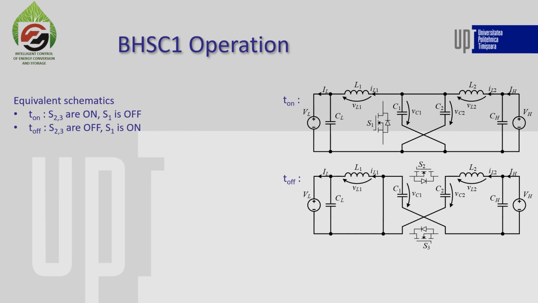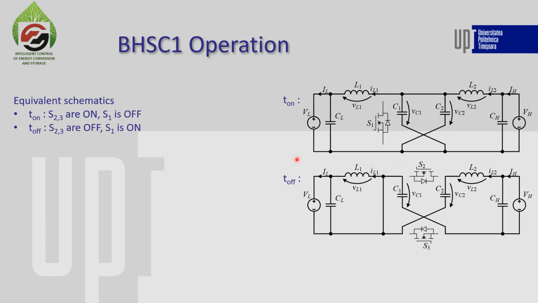Here we see the two equivalent schematics which show us how the converter operates. So first, the two switches connect in parallel the two capacitors from the switching cell during the T-on interval. This is the interval in which the current from the inductor increases in the buck mode.